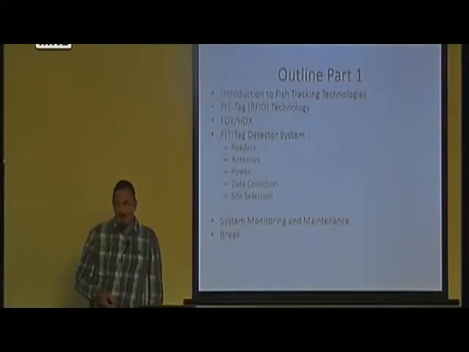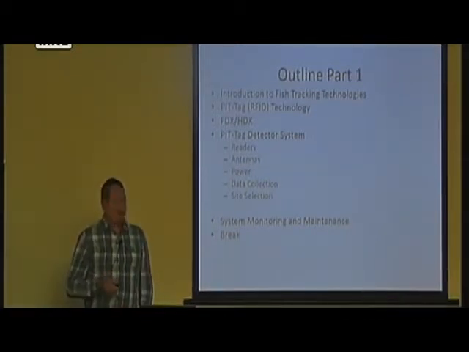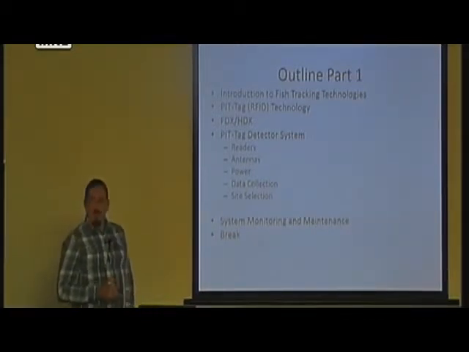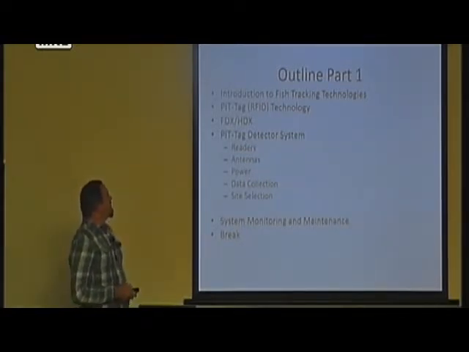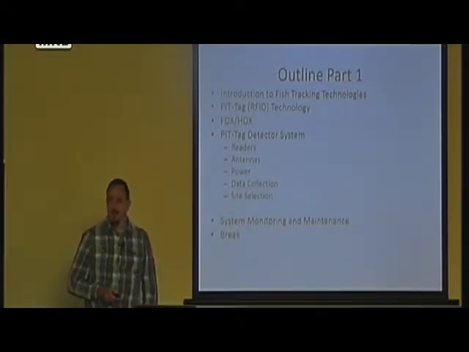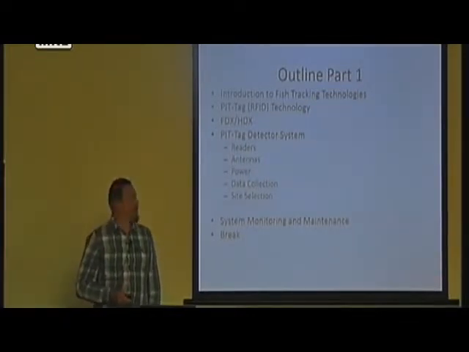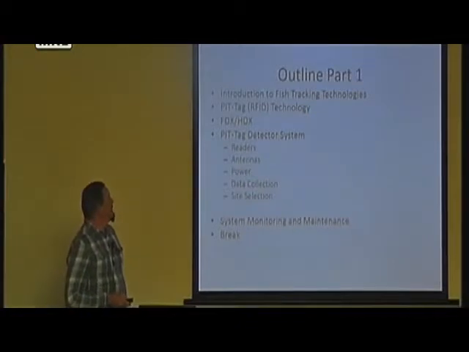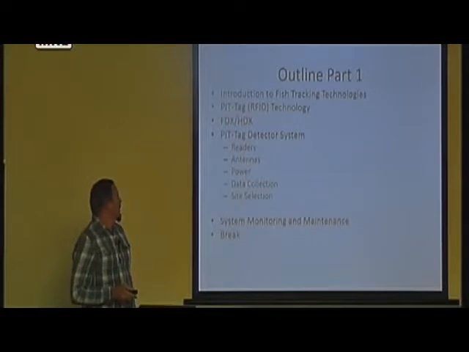So just a breakdown of what we'll talk about in the next few sessions, now before lunch and then again after lunch. I want to start with an introduction to fish tracking in general, different types of tags, different methods of tracking fish or tracking animals. Then I'm going to concentrate on this PIT tag technology, as that's the expertise that I work in.